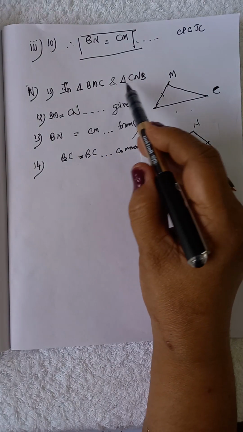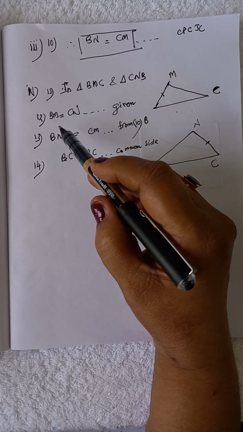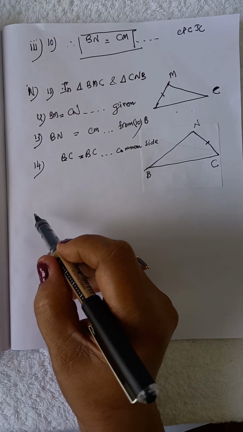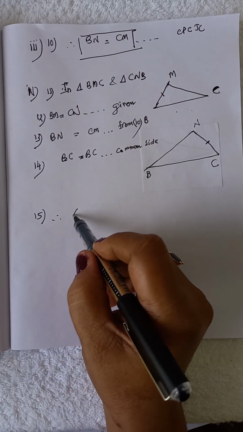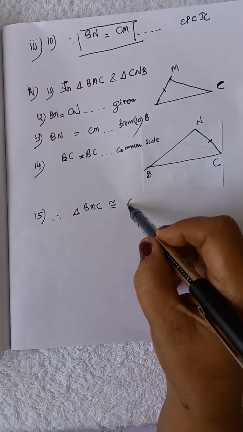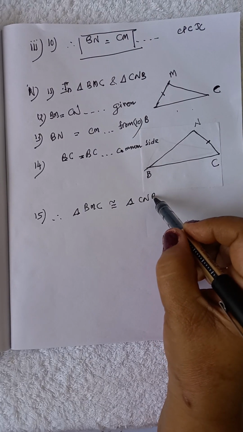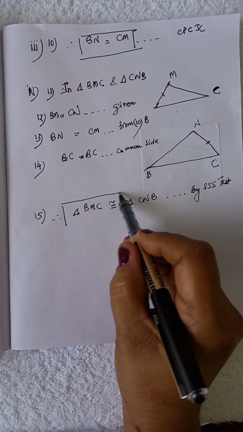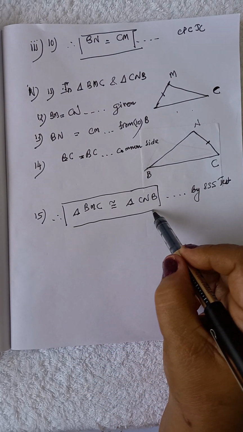So in the case of these two triangles, we got three corresponding sides as equal. So we can write as 15th point. Therefore, triangle BMC is congruent to triangle CNB by SSS test. So we have proved the fourth part of the question also.